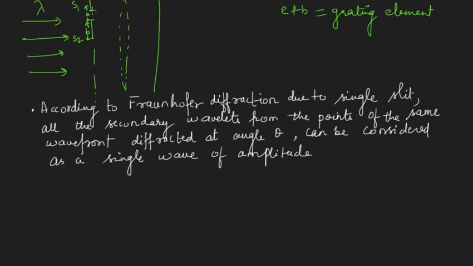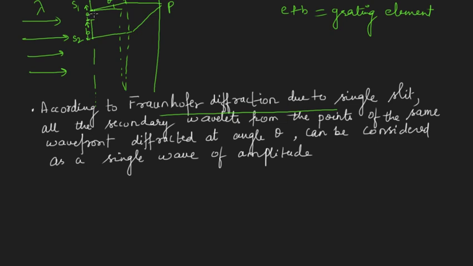So from one grating element, I take 2 rays from the endpoints which are being diffracted at angle theta, and they meet at P. Now, according to Fraunhofer and all these patterns we have already studied, we have a slit of width E, which is made up of many points or secondary wavelets by Huygens principle.